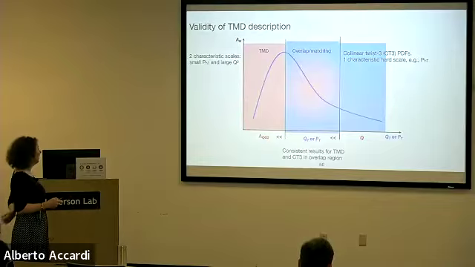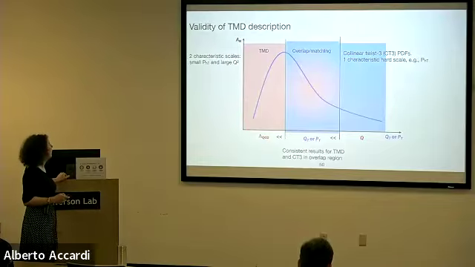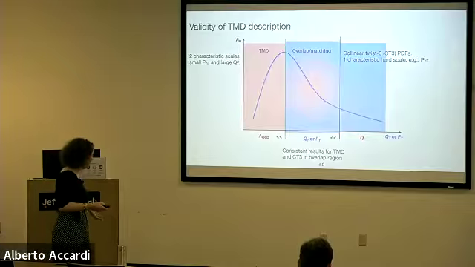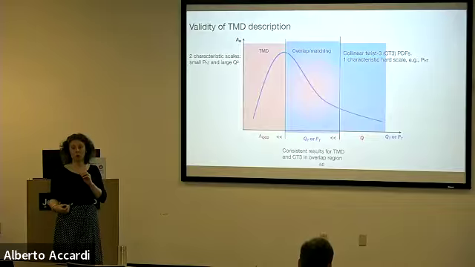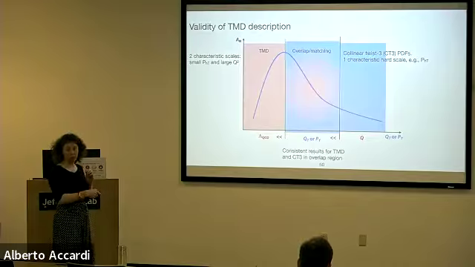What is also important for the TMD physics is that it's not sufficient to just have transverse momentum. Your transverse momentum needs to be small with respect to your hard scale. Then you are really in this TMD regime.